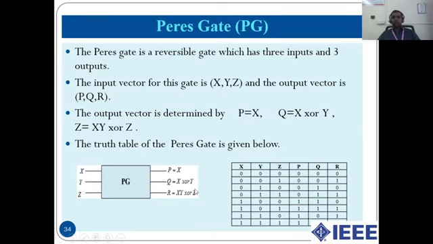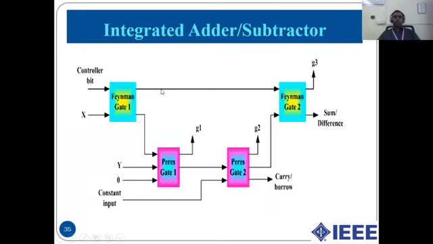Based upon these 3 functions, we have built this truth table for different input combinations from 0 0 0 to 1 1 1.